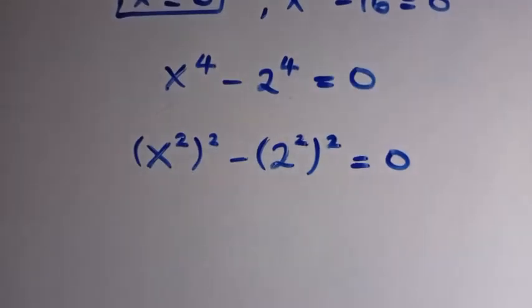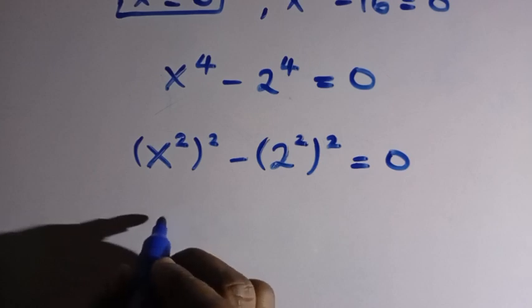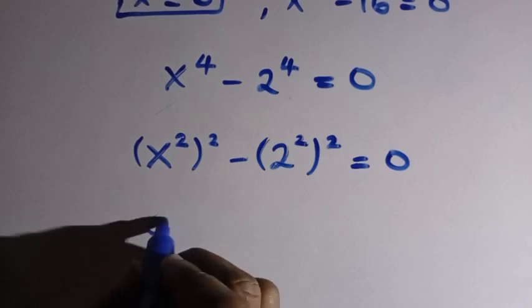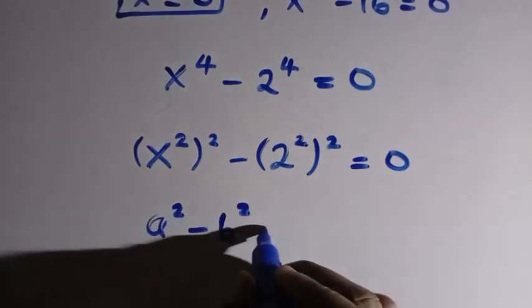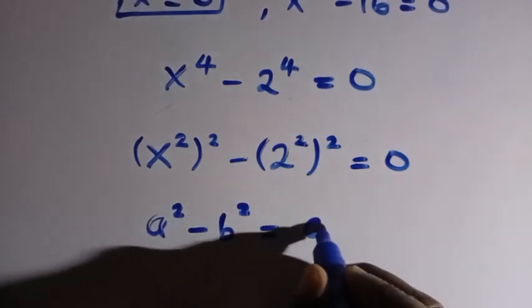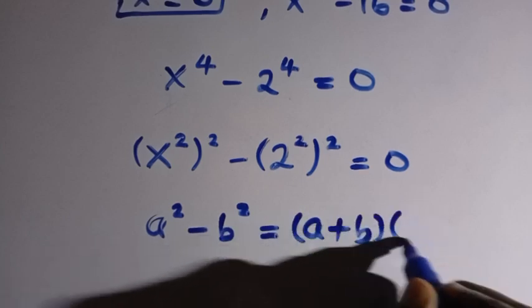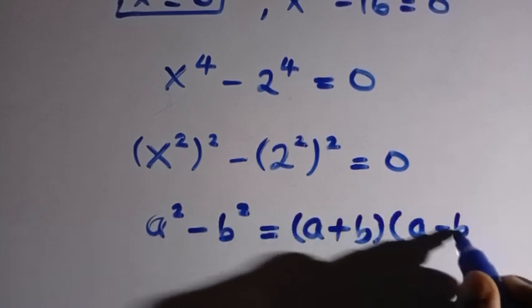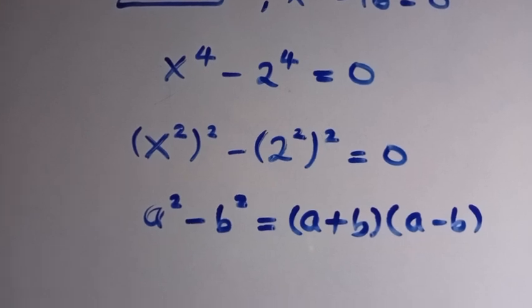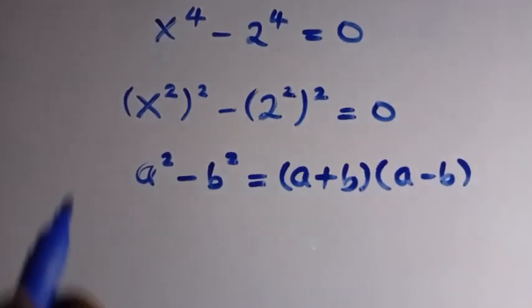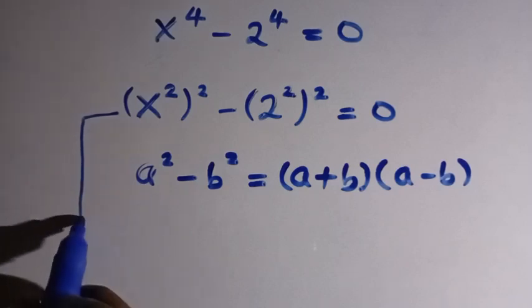Having this, we're going to use the knowledge of the difference of two squares. Let's say we have a squared minus b squared. This equals a plus b multiplied by a minus b. By having this, we come back here and apply this rule.